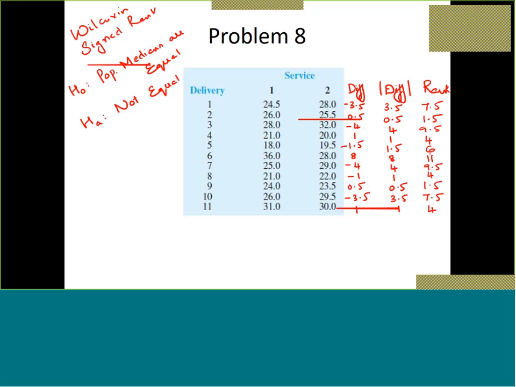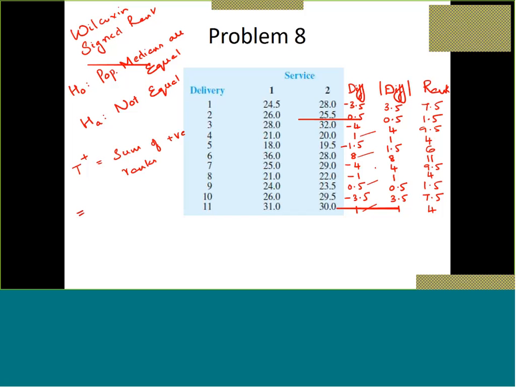Got the point? So now you have to calculate the T plus, that is the sum of positive ranks. If you check the differences, 1 is positive, 8 is positive, 1 is positive, 0.5 is positive. 4 are there with positive difference.